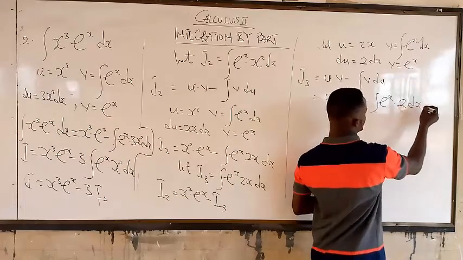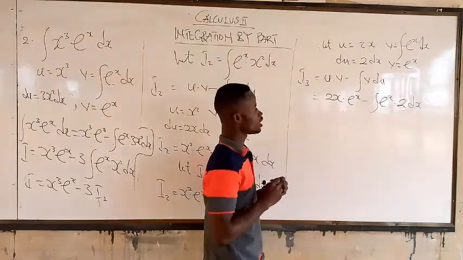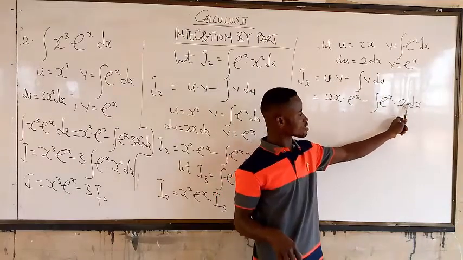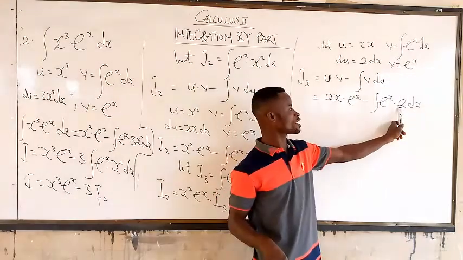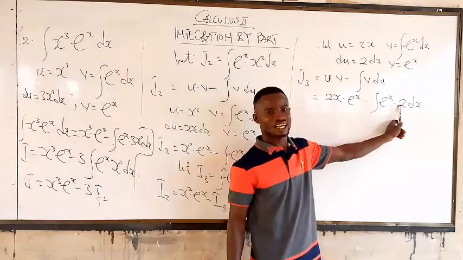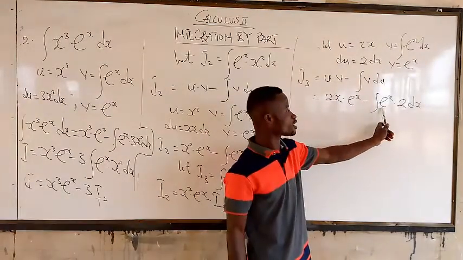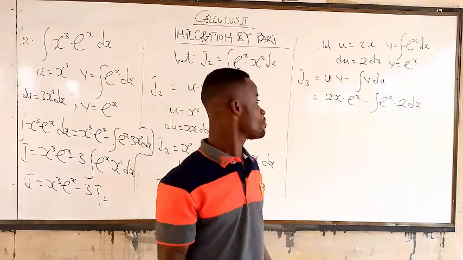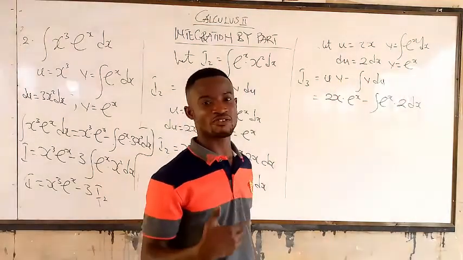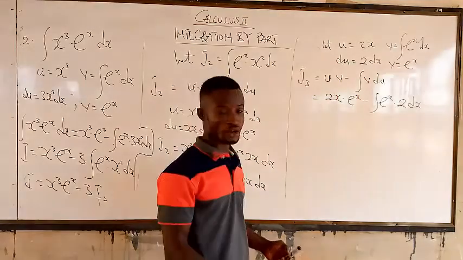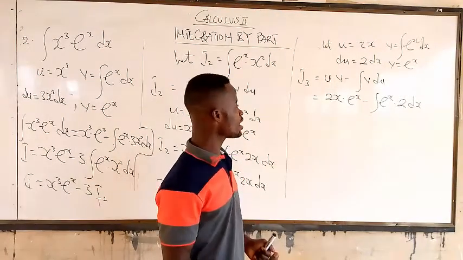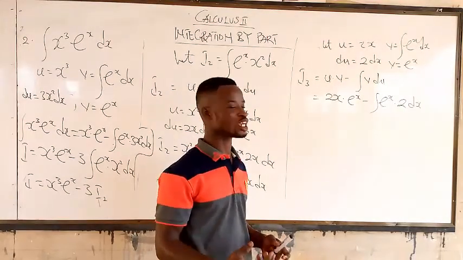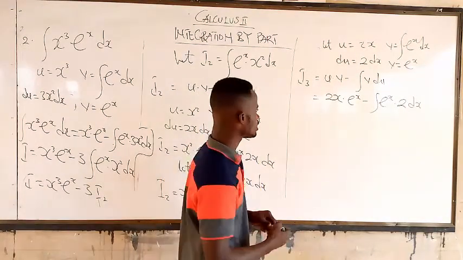Very good. Now you can see that we can integrate this straightforward because what we have here is a constant. Even though a constant is a function, we know that we can integrate functions straightforward. But having an integral with a constant embedded, we can pull out the constant.